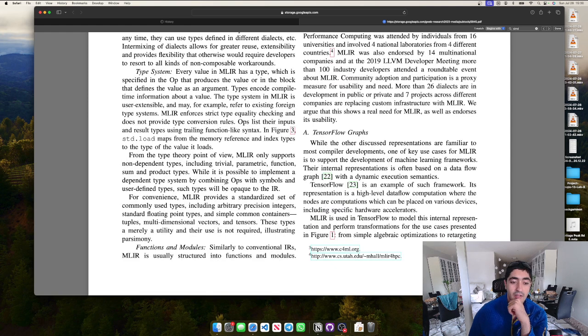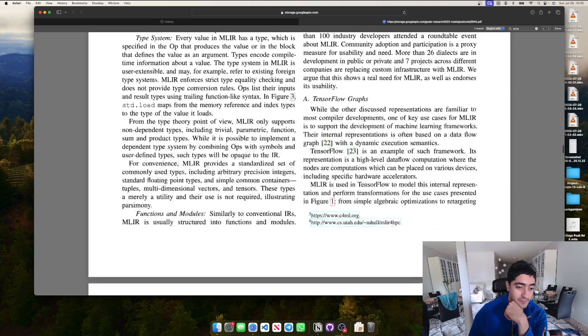From the type theory point of view, MLIR only supports non-dependent types, including trivial, parametric, function, sum and product types, while it is possible to implement a dependent type system by combining operations with symbols and user-defined types. Such types will be opaque to the IR.